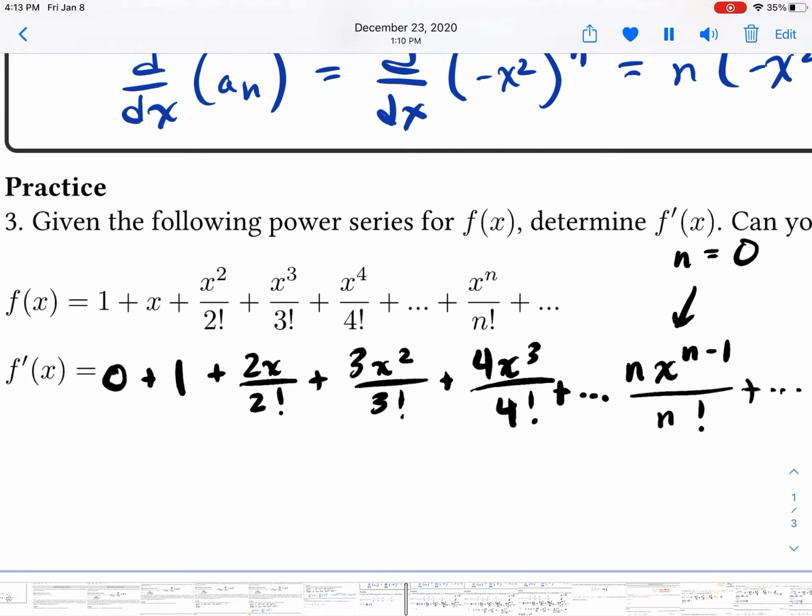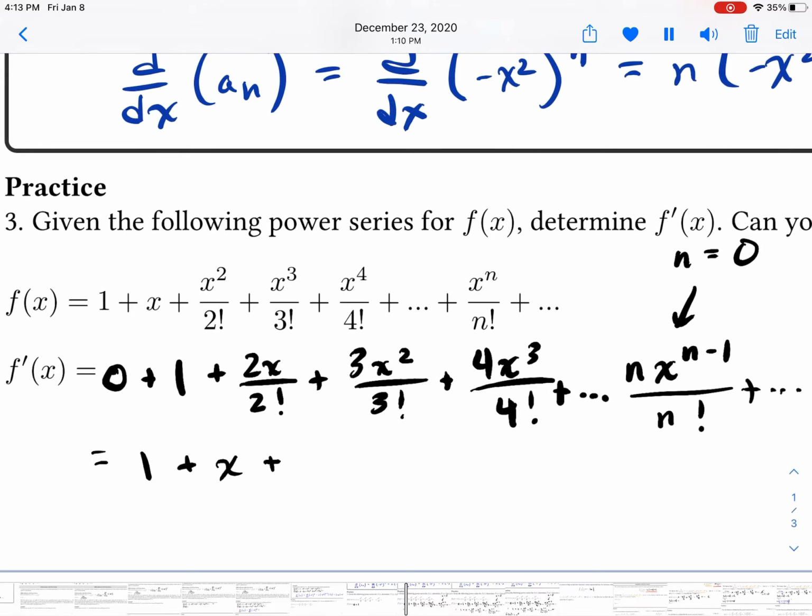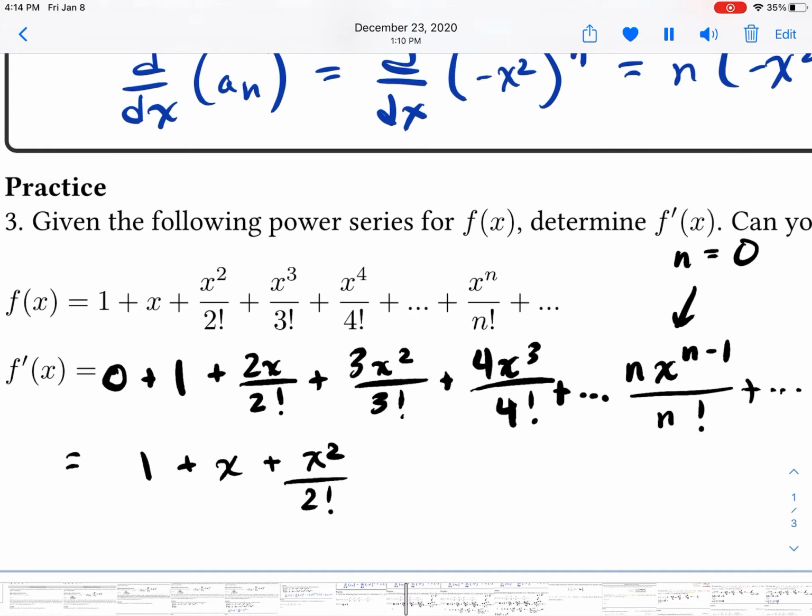And it may not be super clear to us right now, so let me go ahead and actually simplify this here. This is going to give us 1 plus, we've got 2x over 2 factorial becomes x, plus x squared over 2 factorial. And you know what? I'm going to bring that 0 down because I think that might help us.